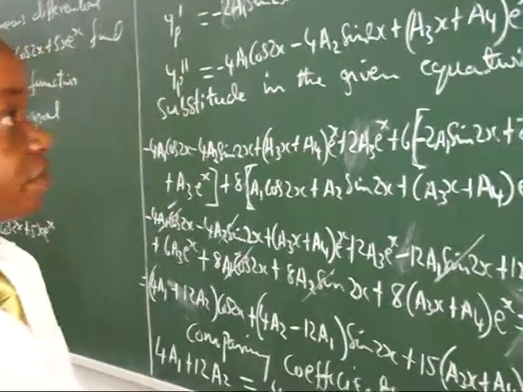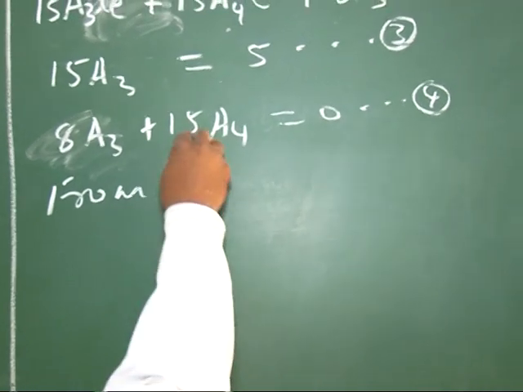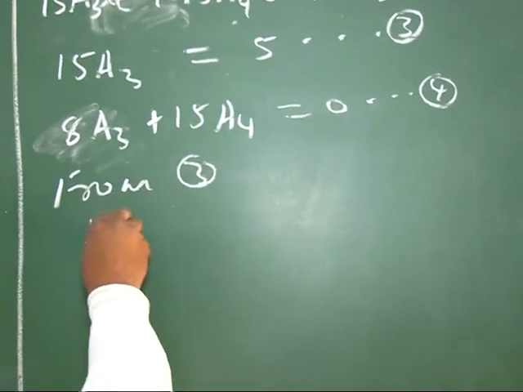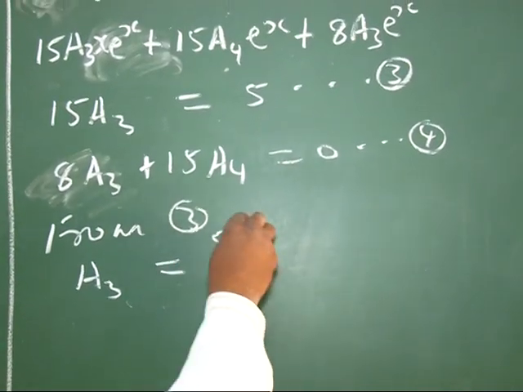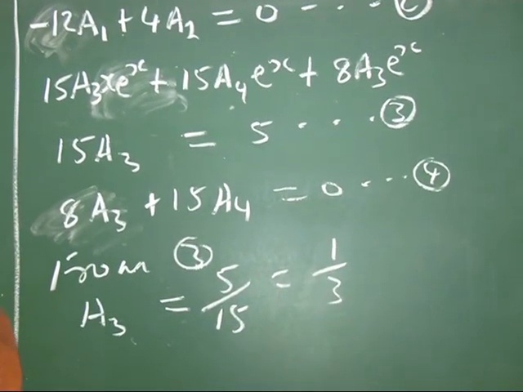Now let's start. From 3, you can find easily that a3 is equal to 5 over 15, which is 1 over 3.